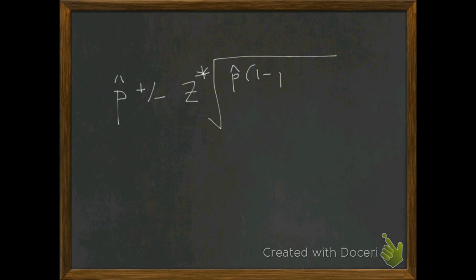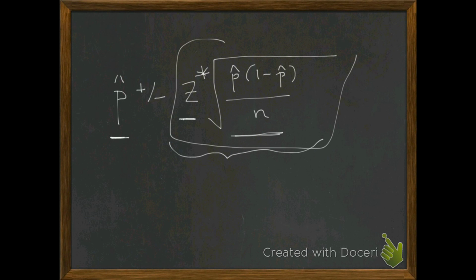The confidence interval formula for a proportion is p hat plus or minus z star times the square root of p hat times 1 minus p hat over n. This is the point estimate, this is the z critical, this is the standard error, and this is the margin of error. So ultimately, we need this expression to be equal to 2%.